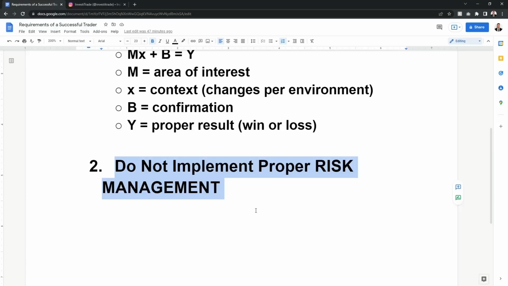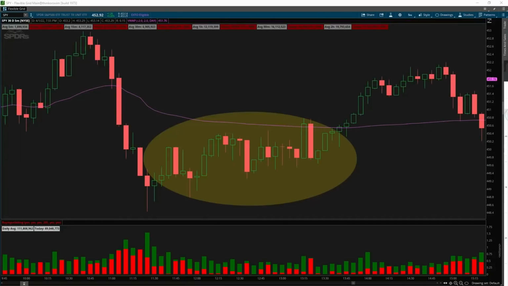It's possible, but a lot of traders enter the market with the mentality that they're going to make a lot of money in a short amount of time. And because of this, they swing for home runs. And the more times you swing for a home run, you're going to strike out if you don't know how to swing. So a lot of traders do not implement proper risk management.